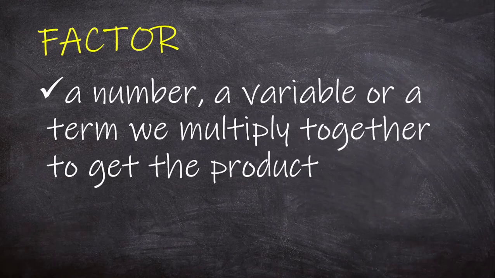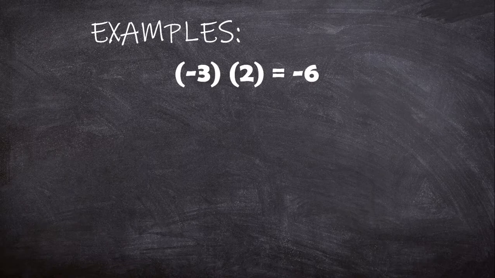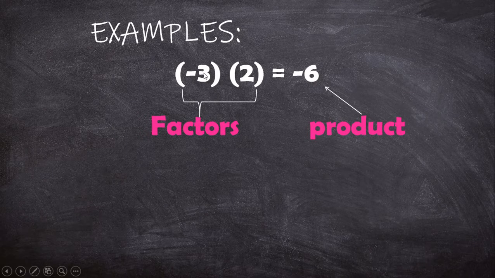And next, let's define factor. Now factor or factors is a number or a variable or a term that we multiply together to get the product. Example, the product is negative 6 and the factors are negative 3 and positive 2.